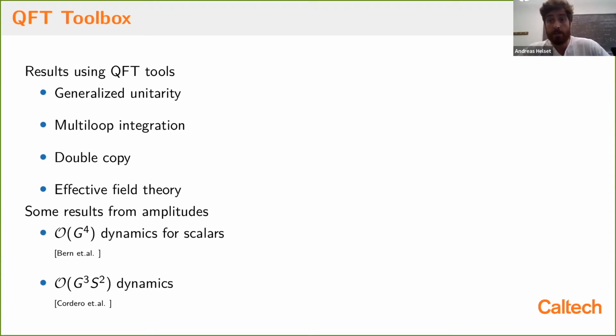And just yesterday there was a paper out doing the G Newton cubed and spin squared dynamics, just to show that it's a very active, very flourishing field, and a lot of young people are getting involved, which I think is really cool.